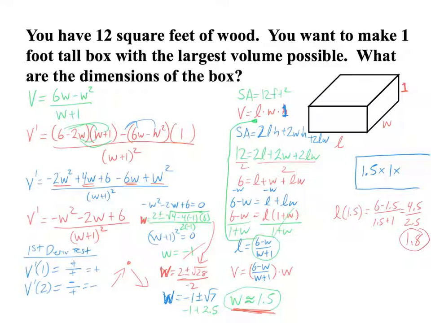And if that's about 1.8, my last measurement is 1.8. So my 3 dimensions are 1.5, 1, and 1.8. Now remember, this was an approximate, so this is also an approximate, but that's about what it would be for your dimensions, which answers your question to get the largest volume with 12 square feet of wood and 1 foot tall.